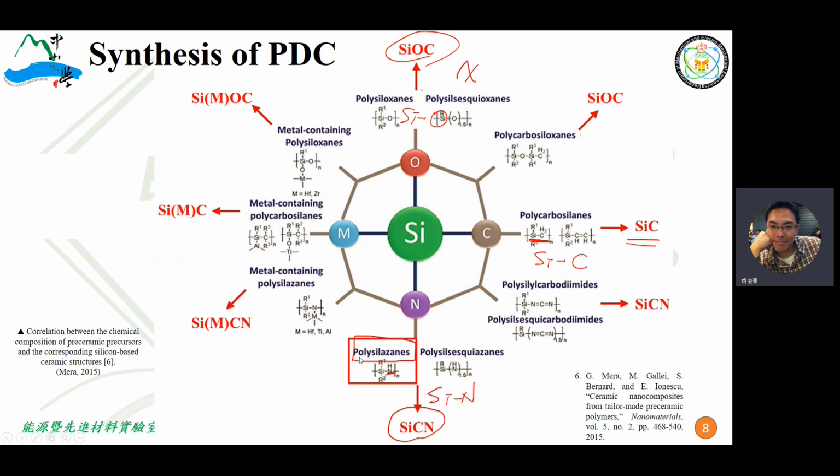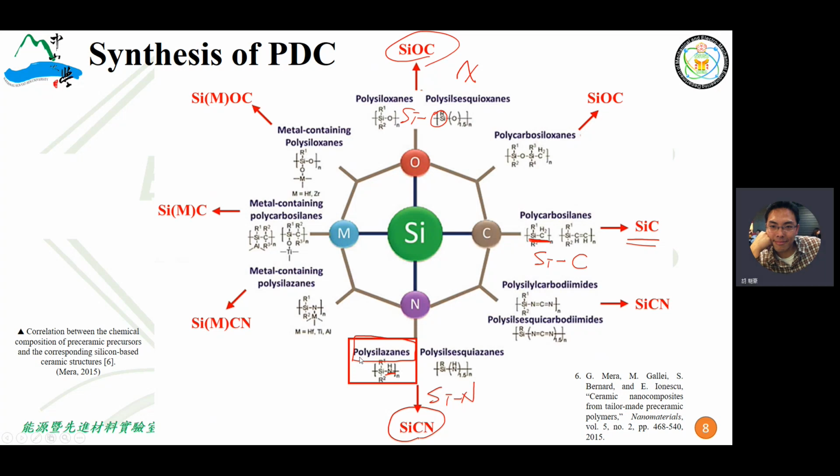Because this pre-ceramic precursor is liquid in the beginning, it can be incorporated with different metal or ceramic powders.